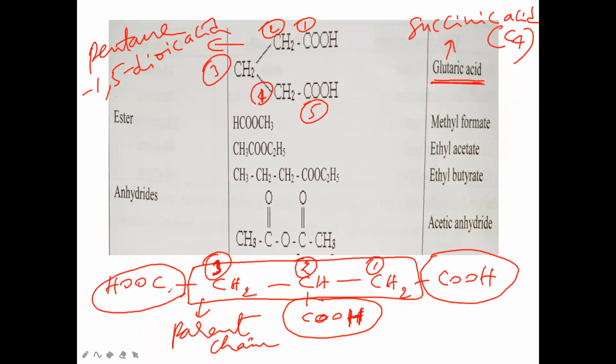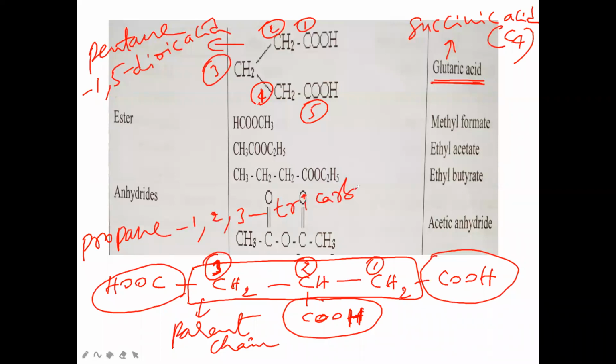Instead of oic acid, we have to say carboxylic acid. So tell me the name: propane 1,2,3.